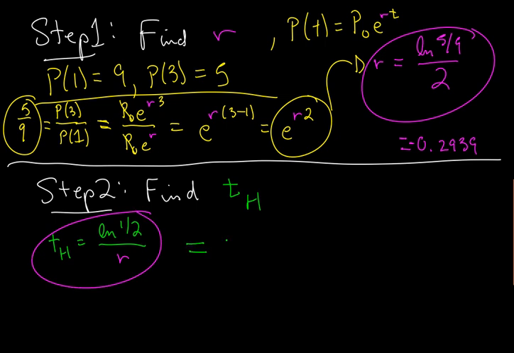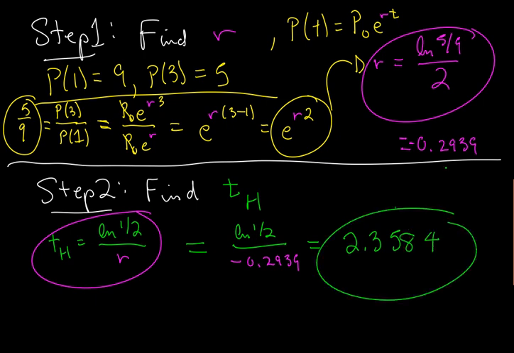TH equals ln of a half divided by negative 0.2939. That's going to be equal to, if you just plug that into your calculator, 2.3584. And you could put seconds if you want. There weren't units involved here. But the answer is 2.3584, and that's the answer.